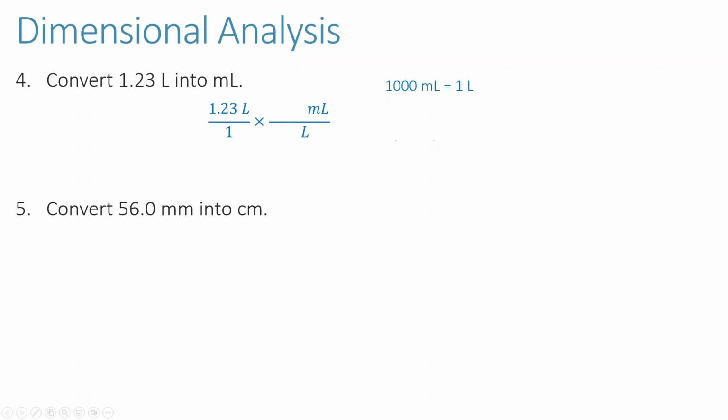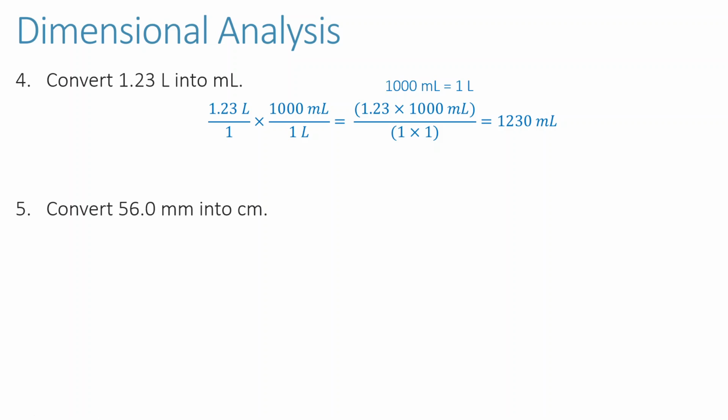See how 1,000 is with milliliters? Keep it with milliliters. It wouldn't make sense to say that there's 1,000 liters in 1 milliliter. That's the wrong relationship. So in order to solve this, I need to do 1.23 times 1,000. So my answer here is 1,230 milliliters.